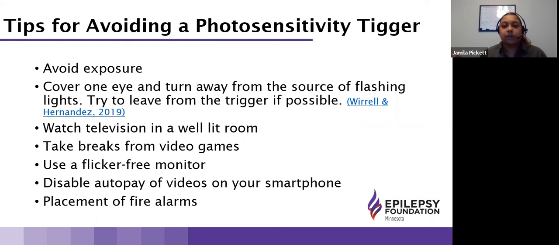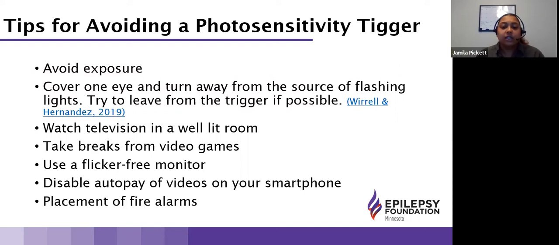Don't just try to turn away from the light source. It won't work the same way as covering one eye. We can still see things in our periphery, and if we're in the same room as that light source, it can still cause somebody to have a seizure even if they turn around or move away. So cover one eye, turn around, and try to get out of that area.